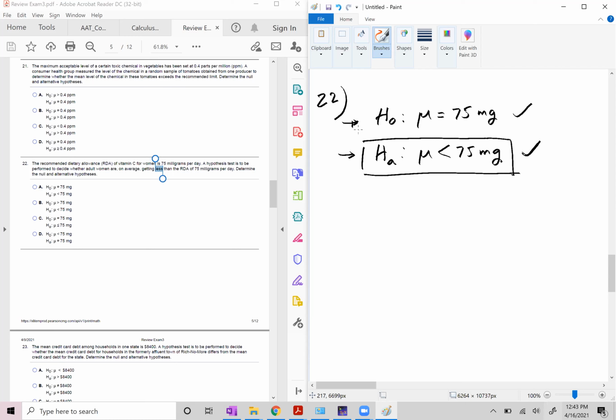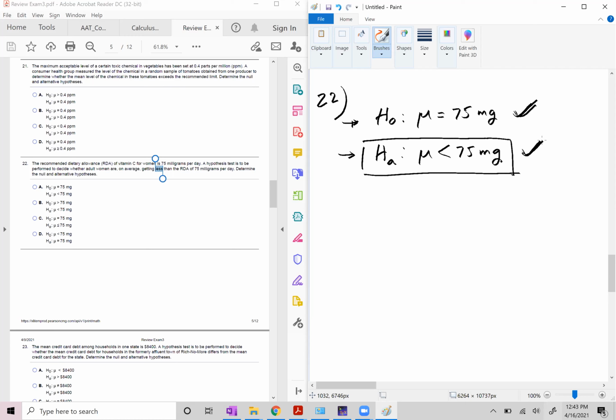If this is correct, it says the mean level is equal to 75 milligrams. That means they are getting the amount they need, so nothing to do specially. These people are getting the necessary vitamin C amount regularly, if the null is correct. But if the alternative is correct, that's big news.